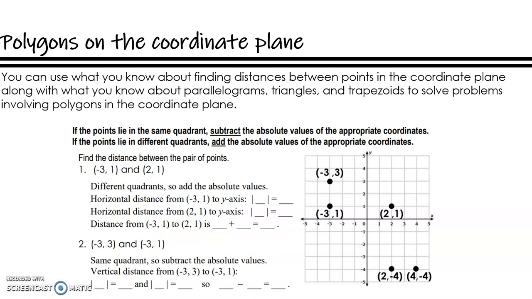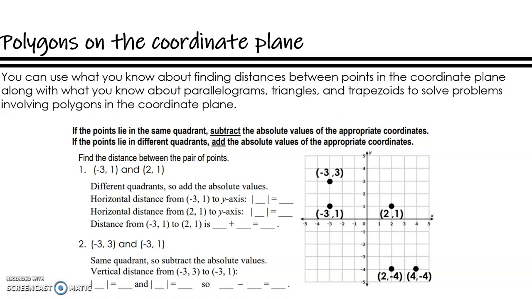You can always use what you know about finding the distance to help you find the area and perimeter of polygons on a coordinate plane. Again, this is just another little review over finding those distances.